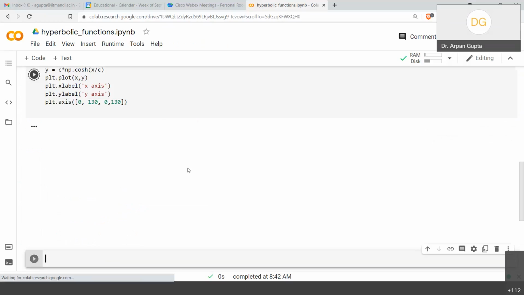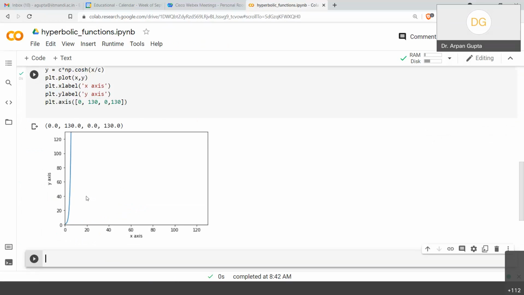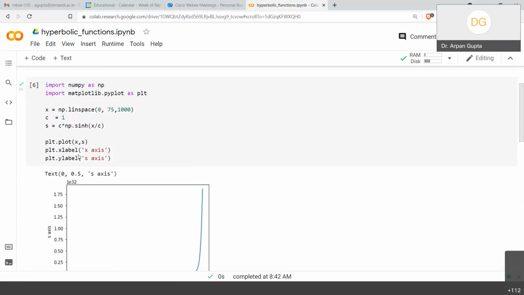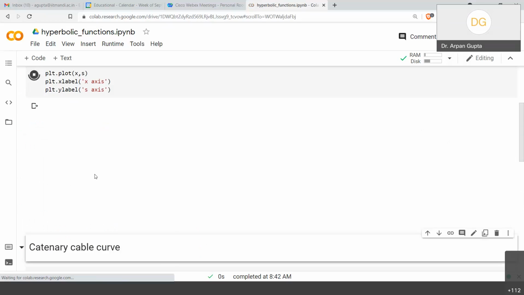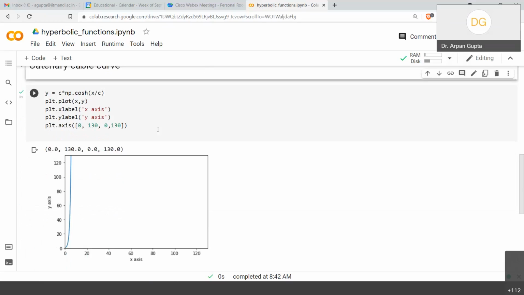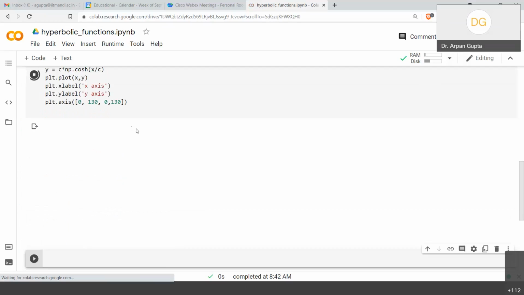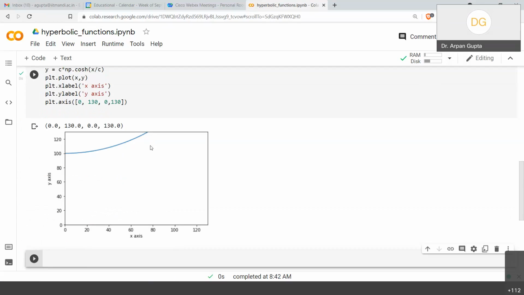These are actually exponential curves, just that the values we are working with make the curve look quite nice. If you see the equations for these curves, for example, cosh z is 1 by 2 times e power z plus e power minus z. So these are actually exponential curves.